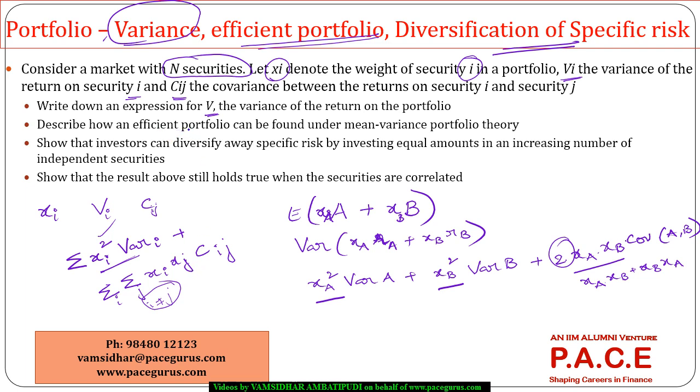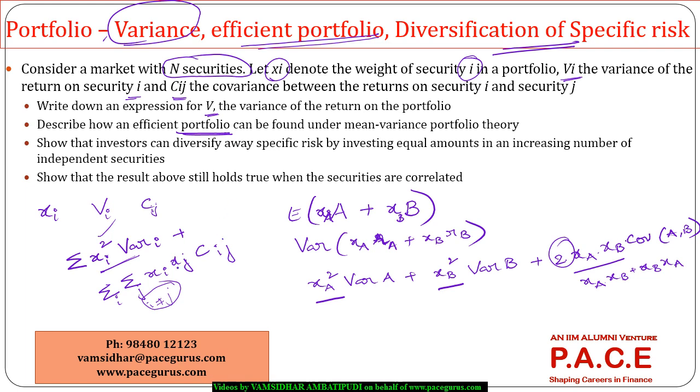Now we are saying, describe how the efficient portfolio can be found here. So this is the variance of the portfolio. Now I have to create a scenario wherein I go with the minimum variance.